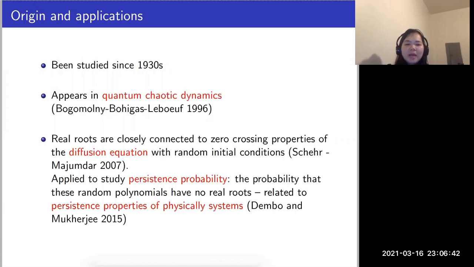It's also applied to the study of persistence probability, which is the probability that a random polynomial has no real roots. It's called persistence probability because it's related to the persistence properties of physical systems. And Dembo and Mukherjee in 2015 used this relationship to study the persistence probability.